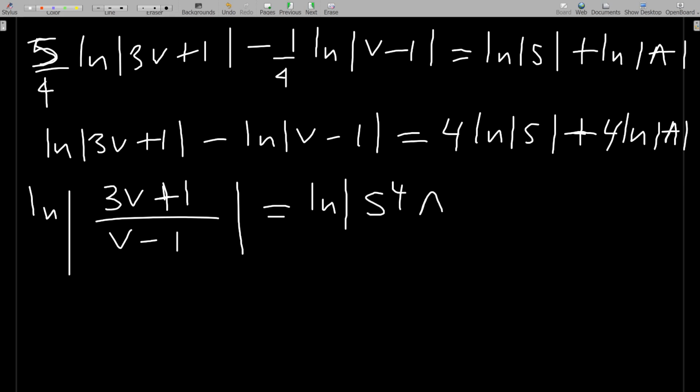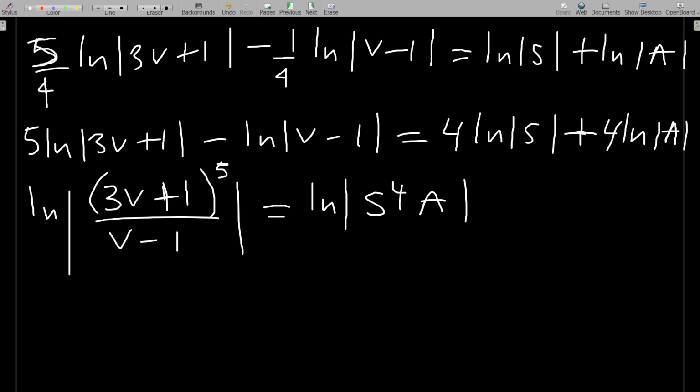s to the power 4 a, meaning taking the antilog of both sides, the ln will go. There's a 5 here, sorry, multiply that and we'll get 5, okay? So this is actually equal to this to the power 5. There should be a 5 here. I hope you understand this.